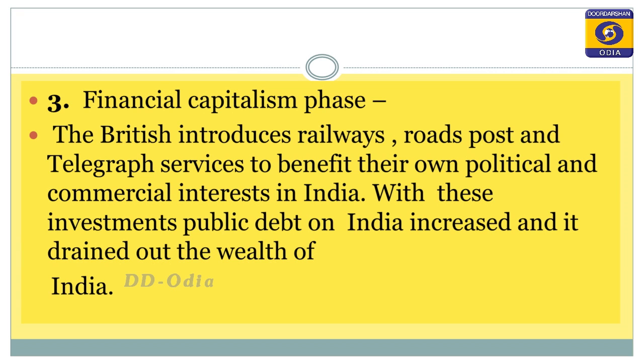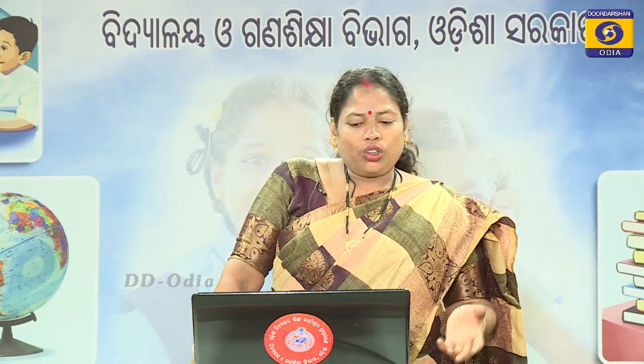The British introduced railways for their own convenience. They wanted to reach the places where the people raised their voice against the Britishers by using those railways or the roads which were introduced by the Britishers.